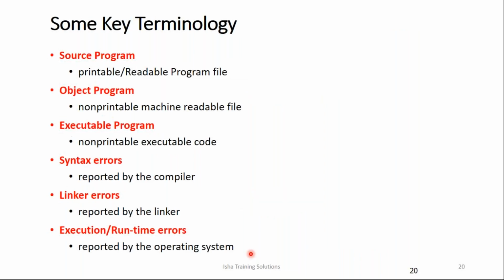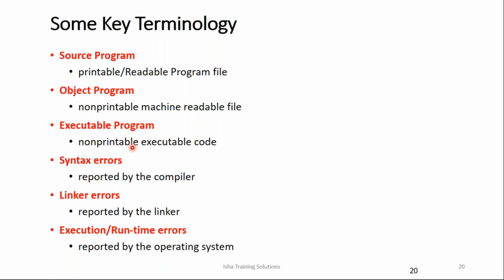Next, we have some other key terminologies which we have just discussed. Source program, you know: printable or readable program, whatever you type. Object program: non-printable, machine readable file. Please make it clear and understand. An object program or object file is of non-printable format and can be read by the machine alone, not by the user. Next is the executable program.